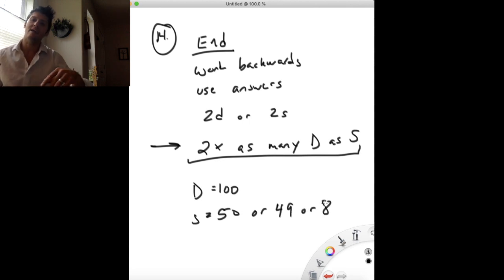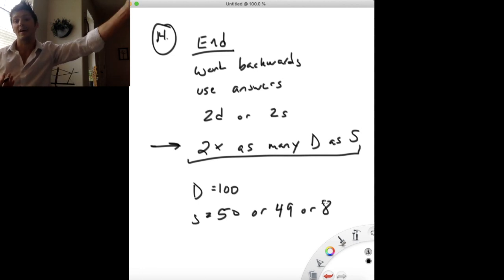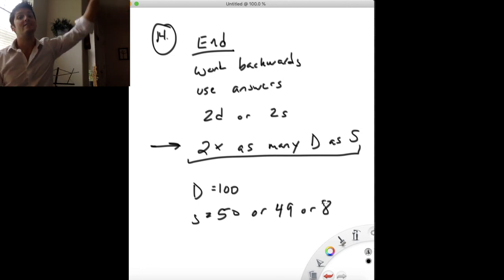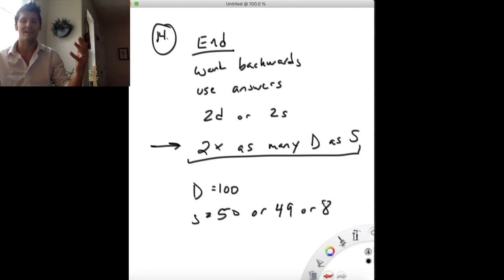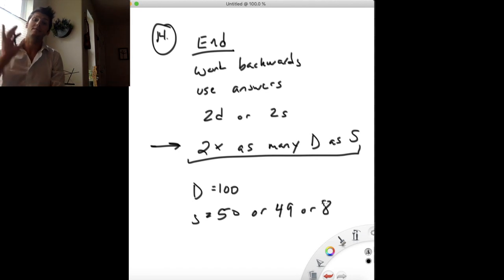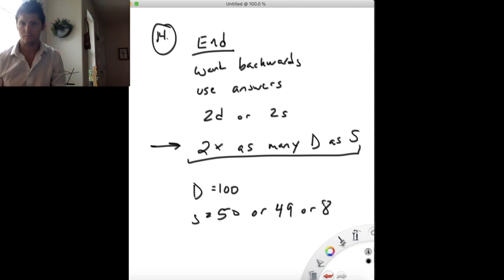Any number that's less, you want at least twice as many. If S is 50, you want at least 100D or 200D. I did it the other way where I said, if D is 100, you want half as much of that or a little bit less. I know that's confusing. That's the heart of this question.